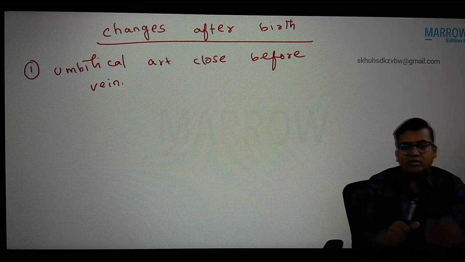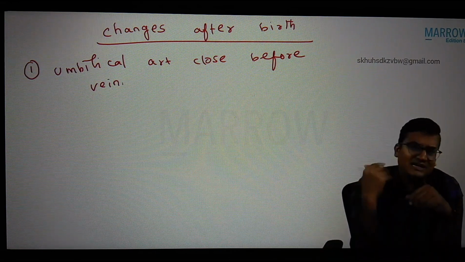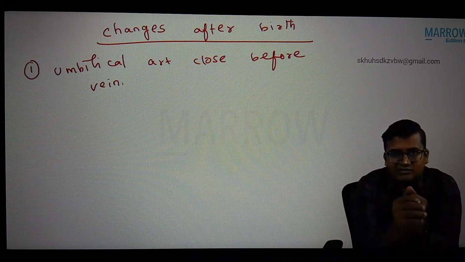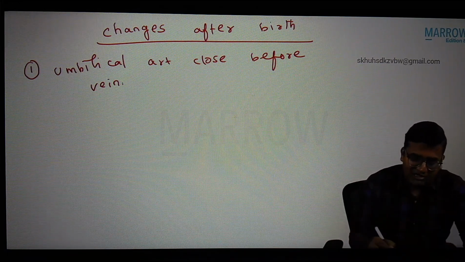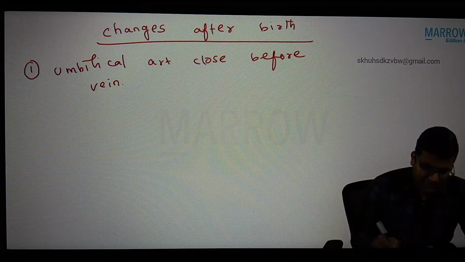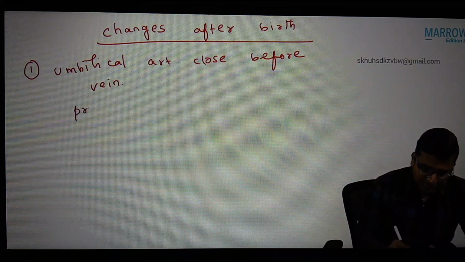Why, sir? Now, the umbilical artery carries the blood to the placenta. So, we don't need any blood loss from the baby. So, first the umbilical artery will close before birth. Okay? Right. So, now this umbilical artery will regress.